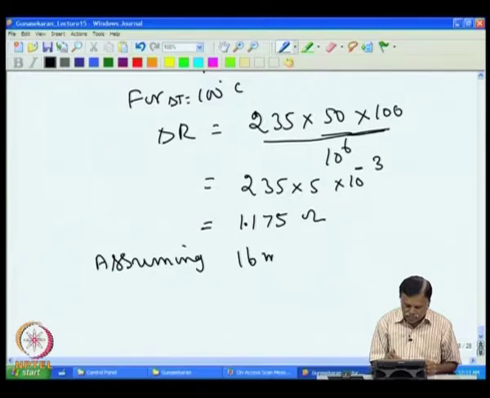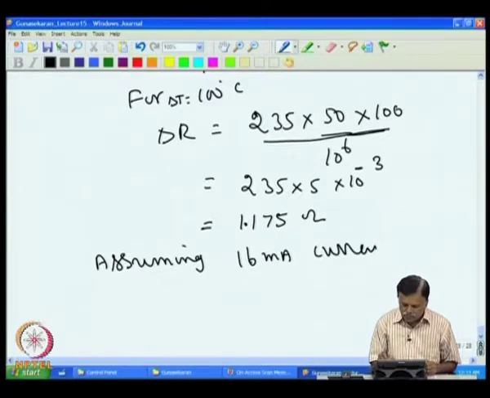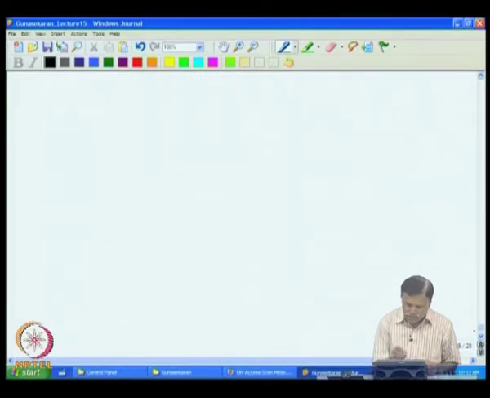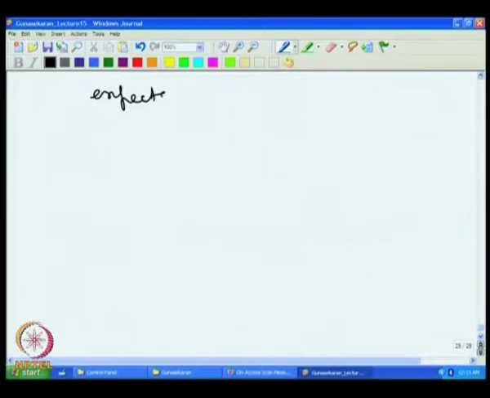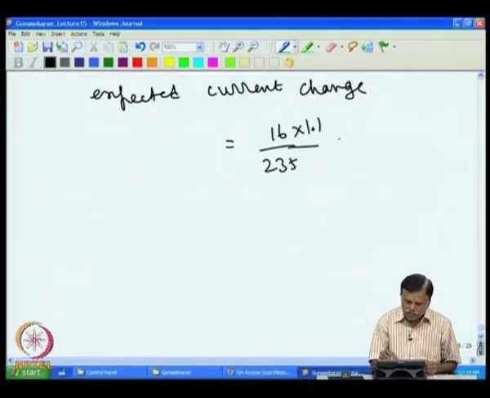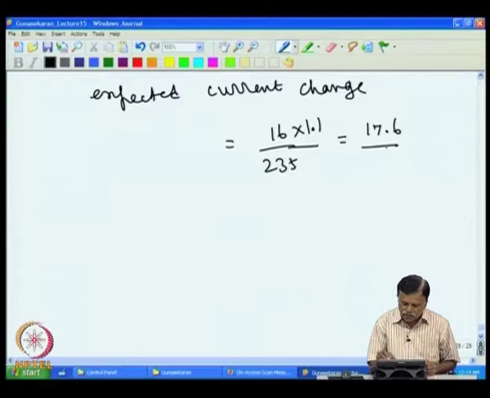Assuming 16 milliampere current in R7, then for a 1.175 ohm change, the expected current change would be 16 divided by 235 into 1.175 ohms. That will be roughly about 17.6 divided by 235.